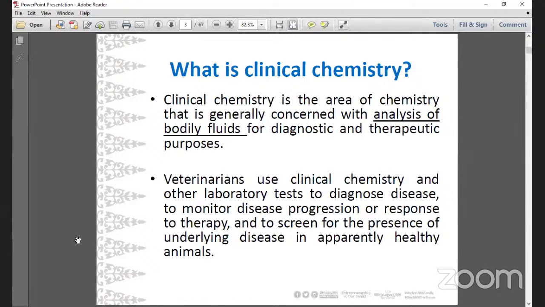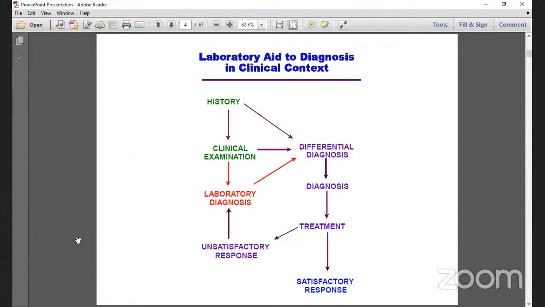So, veterinarians have used clinical chemistry and other laboratory tests within microbiology, virology work, hematology to diagnose a disease, to monitor disease progression or response towards the therapy.